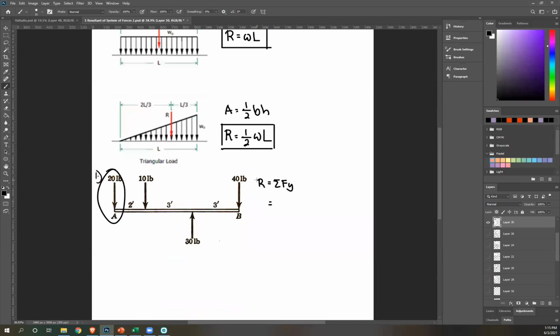So let's start from the left side. We have downward, so that's negative 20 minus 10 plus 30 minus 40. Please compute. What's the answer? Correct. Rafael Pasagi and Joshua Bongalos.